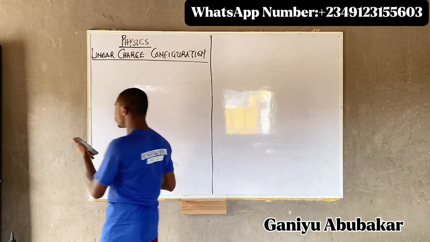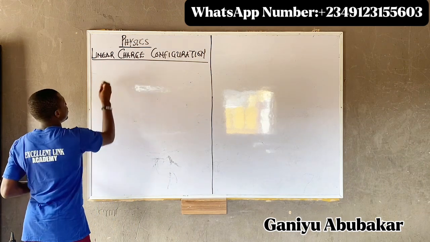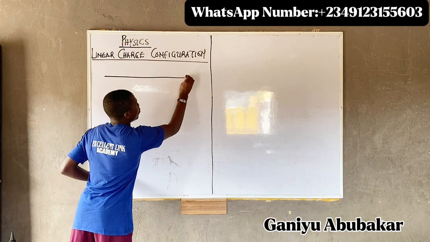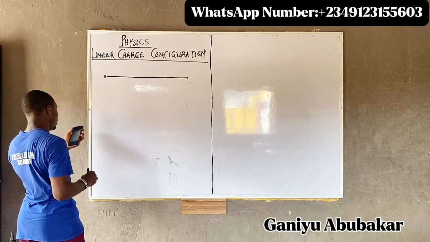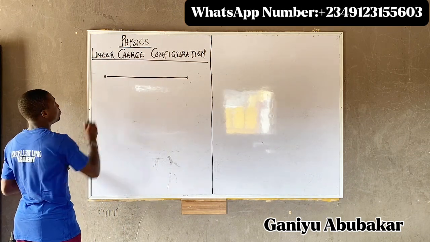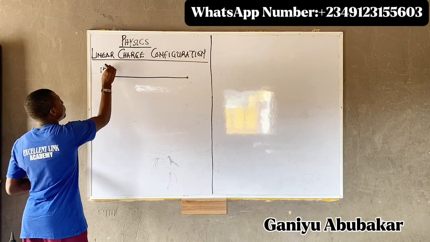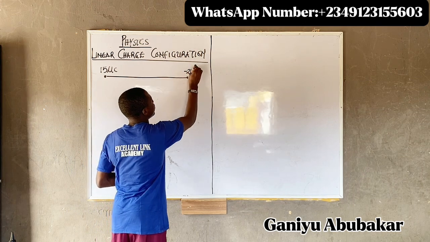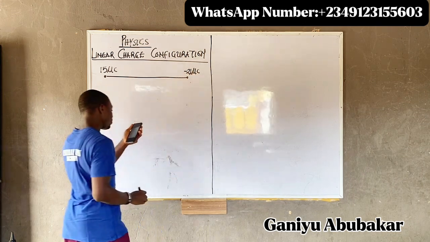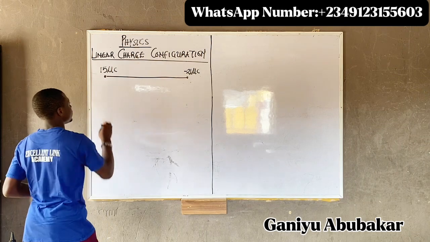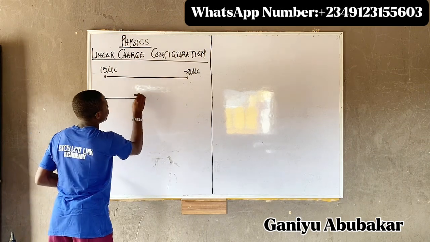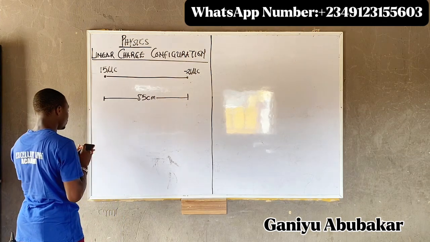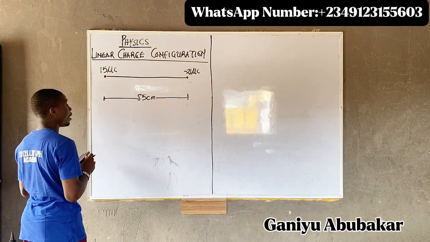Here it says two charges, 15 microcoulomb, so my first charge is 15 microcoulomb, and minus 21 microcoulomb, are 85 centimeter apart. So from here to this point here is 85 centimeter apart.